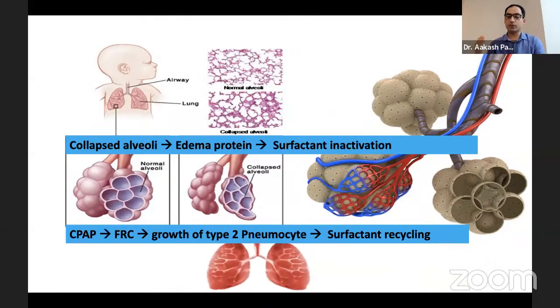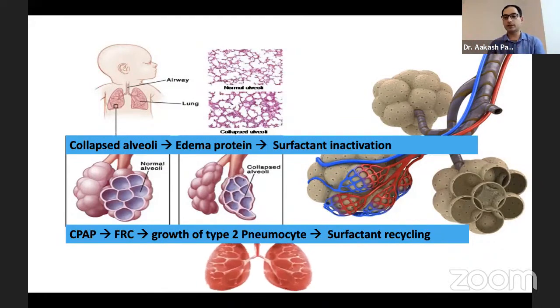This is especially true for premature babies who have deficiency of surfactant, because surfactant is a surface active agent which decreases the surface tension of the alveoli and prevents the end expiratory collapse. But if the lungs are deficient in surfactant, as can be seen in premature babies leading to RDS, the alveoli collapse at end expiration, leading to atelectasis, which leads to something called atelectotrauma, due to which there is leakage of fluid into the alveoli.